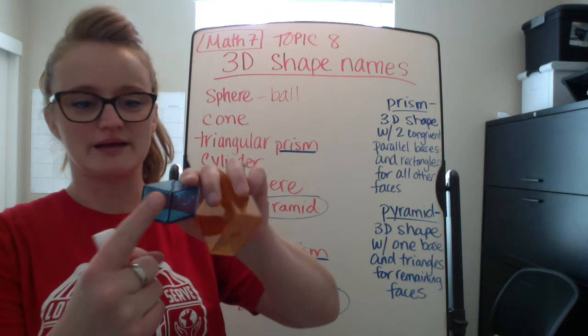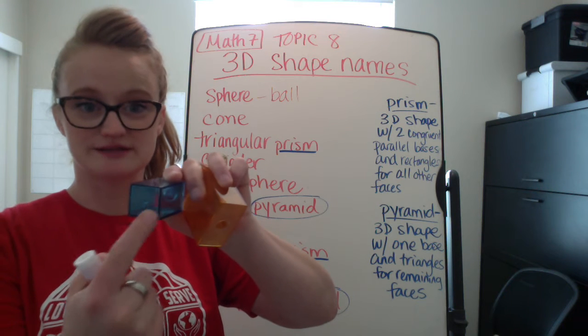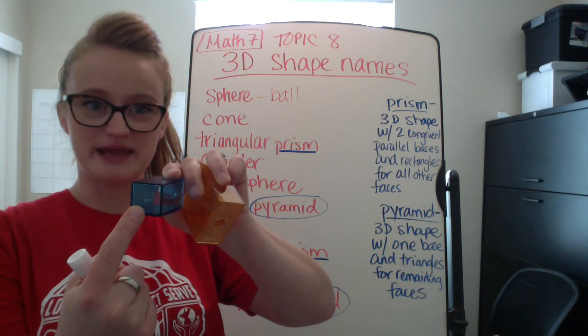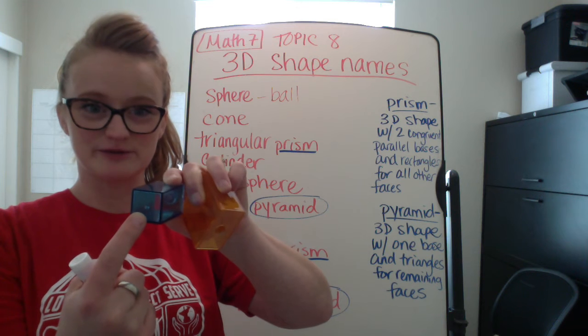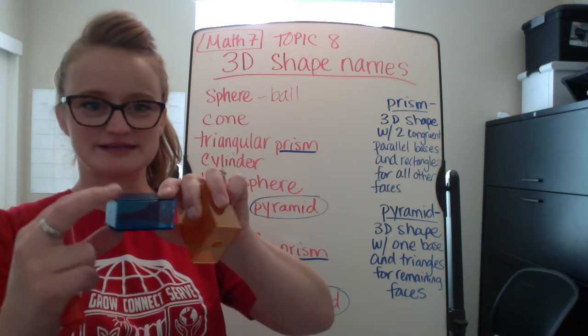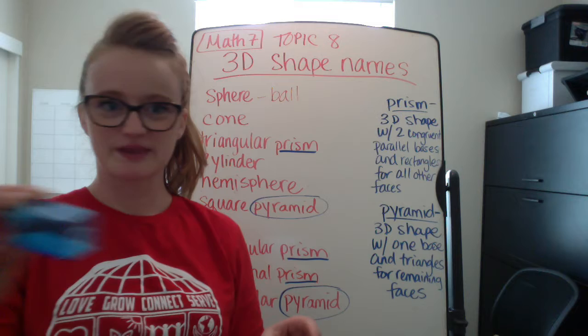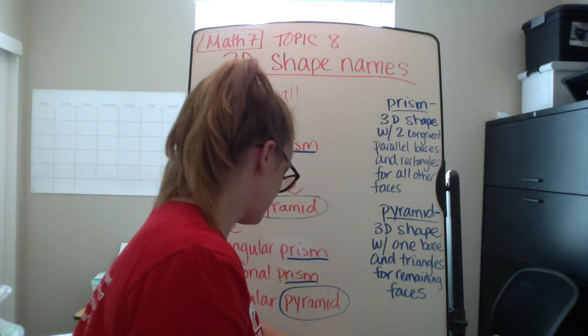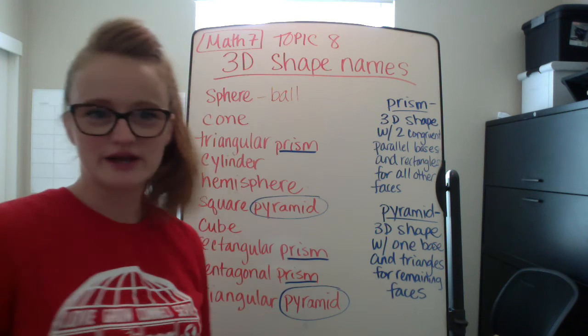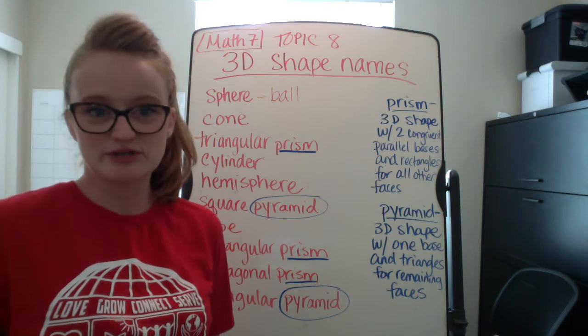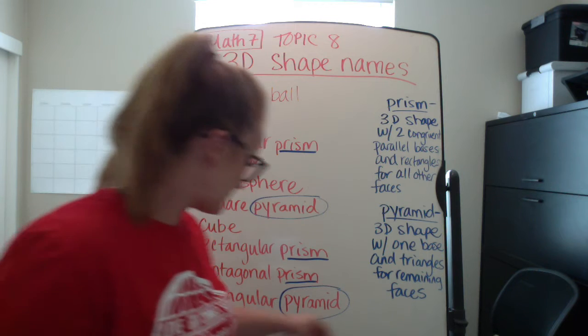Same with this one, and this one actually has a square as a base. It's still called a rectangular prism though, because it's extended. I'll flip it around so you can see it. So just remember that a cube is just a really special kind of rectangular prism.